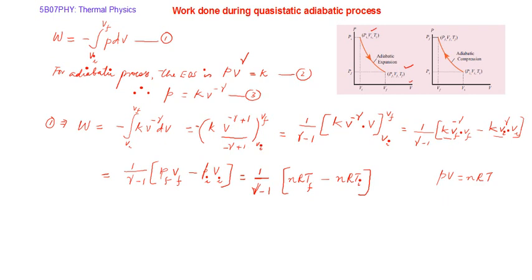So you could have avoided one of the steps here, but I'm just carrying it forward. So this nR is constant over here, so I can take nR outside. So it will be equal to nR divided by gamma minus 1 times Tf minus Ti. nR divided by gamma minus 1 times Tf minus Ti.